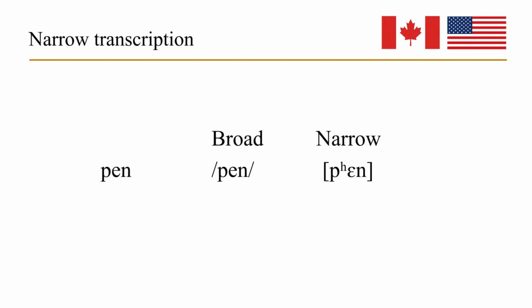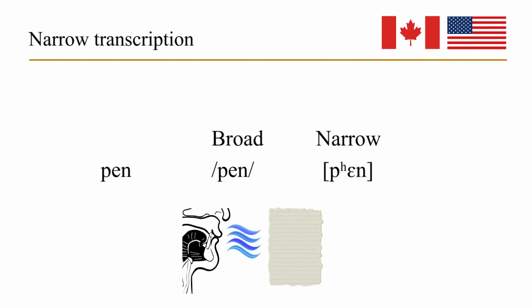Now as a speaker of Spanish, you can start producing the aspirated p in pen. You can hold a sheet of paper in front of your mouth and add some puff into your p until you see the sheet of paper moving. Pen, pen.